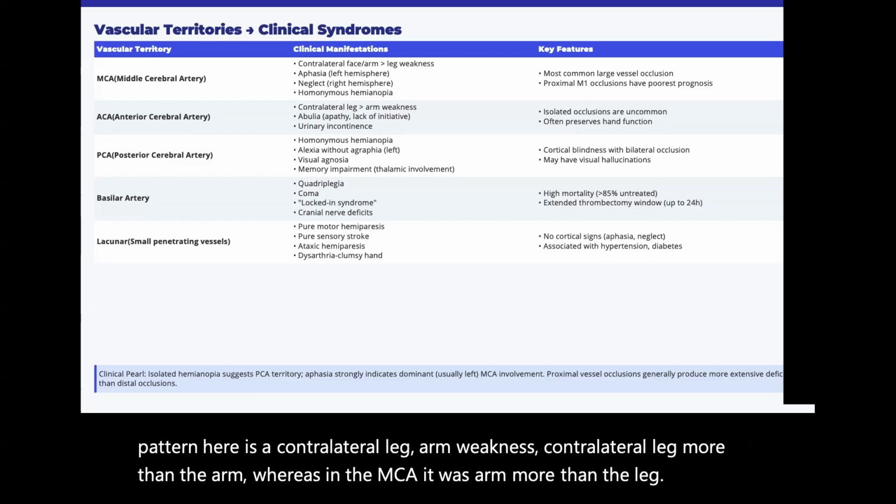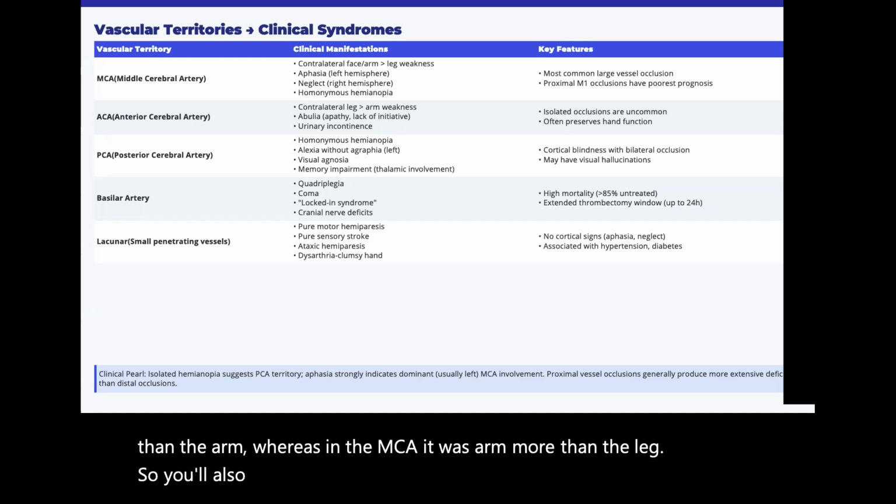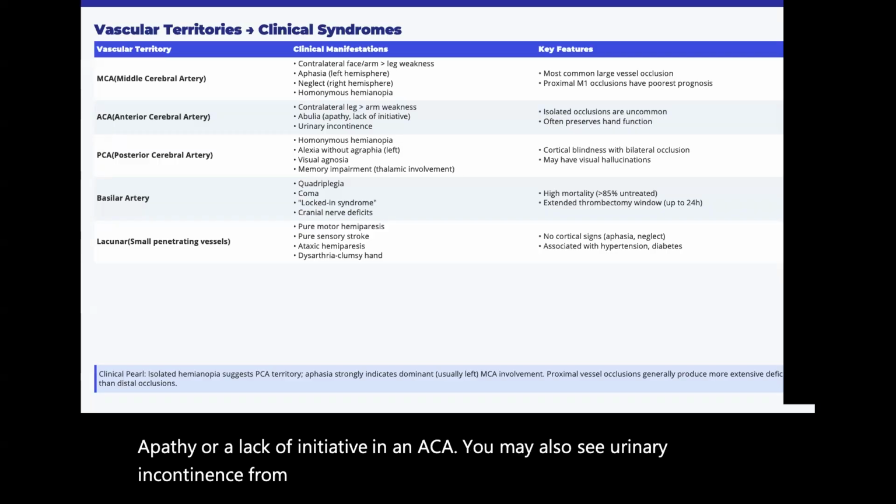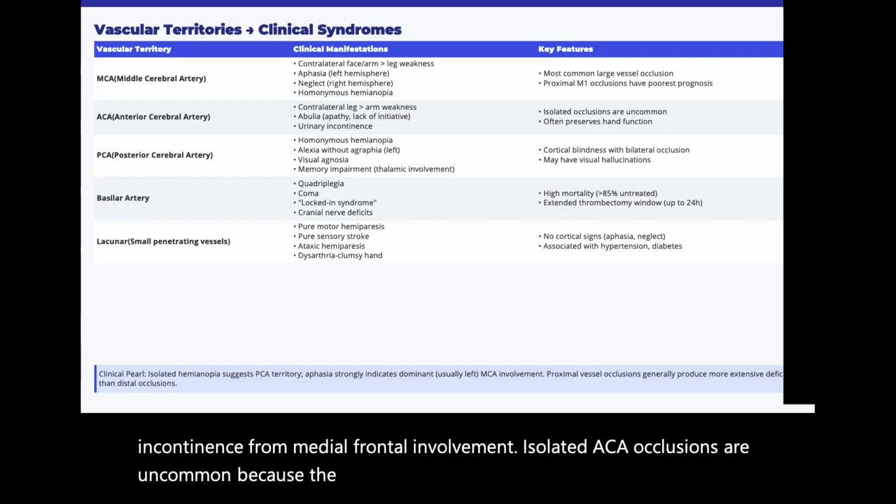You'll also get abulia. Abulia is a profound apathy or a lack of initiative. In an ACA, you may also see urinary incontinence from medial frontal involvement. Isolated ACA occlusions are uncommon because the circle of Willis usually provides good collateral flow.